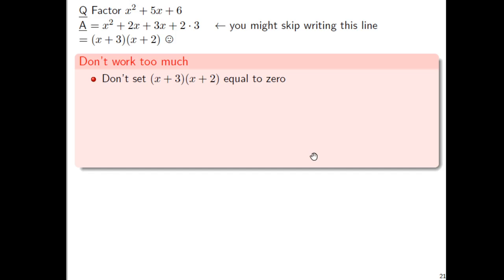Don't work too much though. When we're talking about factoring, sometimes people do more than what the task is. The task was just to factor, and where that smiley face is, that's the end of the problem. People sometimes work further and will take this x plus 3 times x plus 2, which is supposed to be the end of the work, and set it equal to 0.